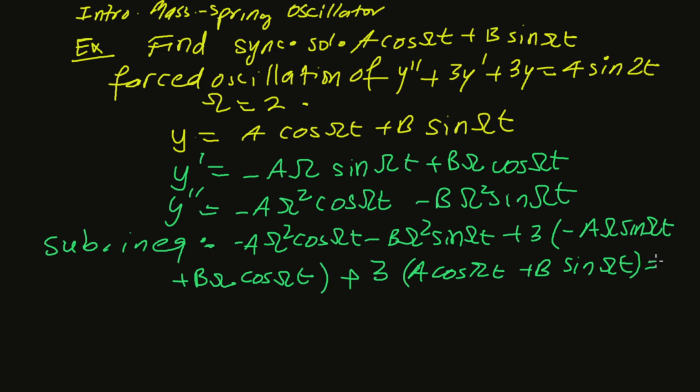Alright. So once you do this, you know the next step. The next step is to distribute, stretch out this thing, and collect like terms. So I have a cosine omega t.